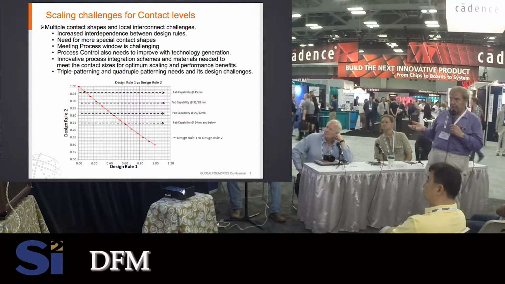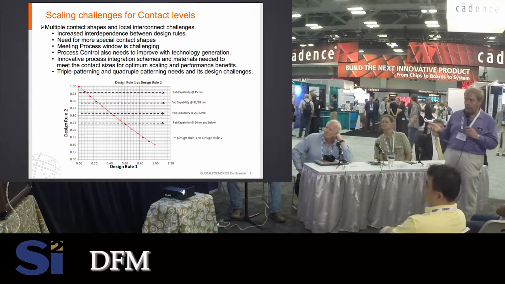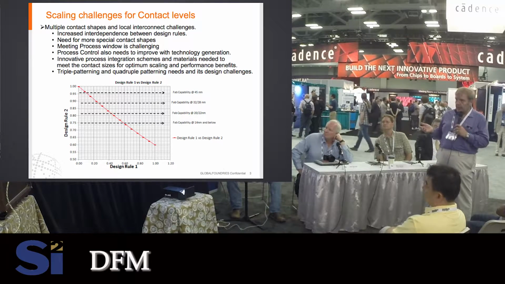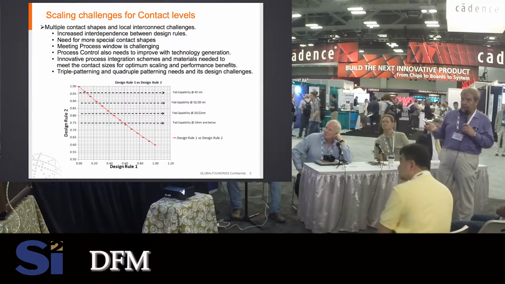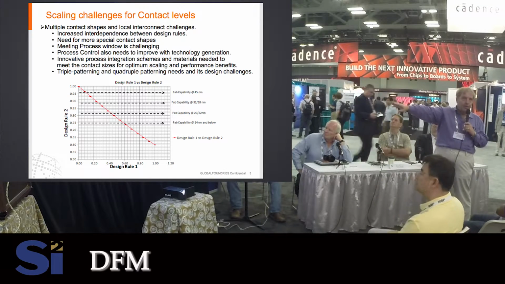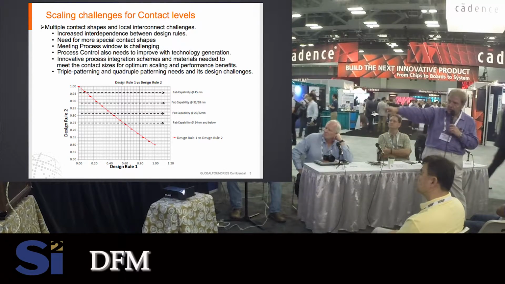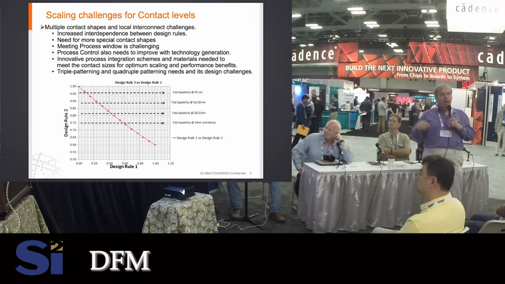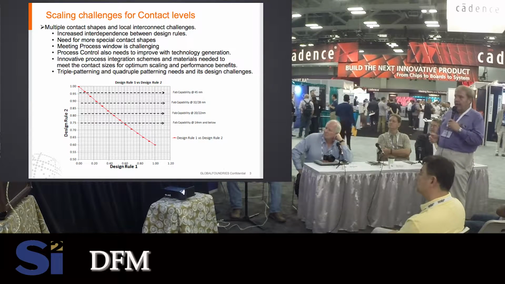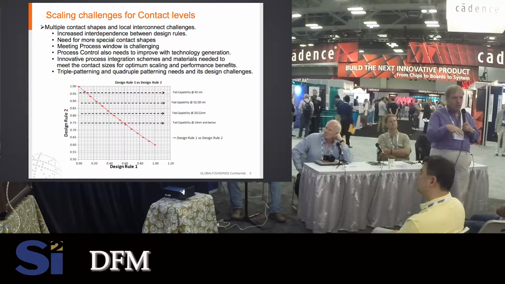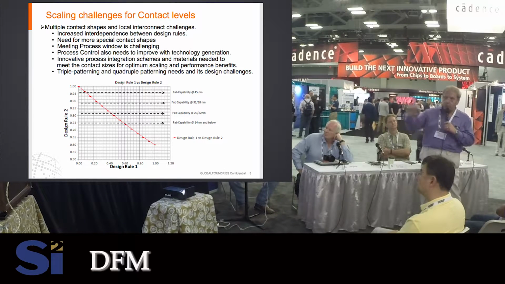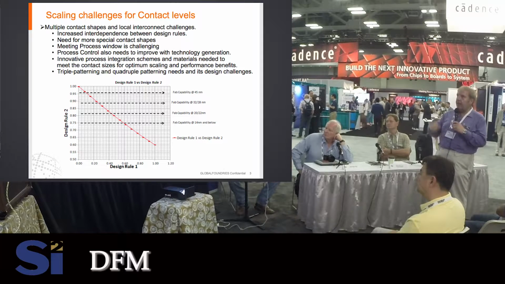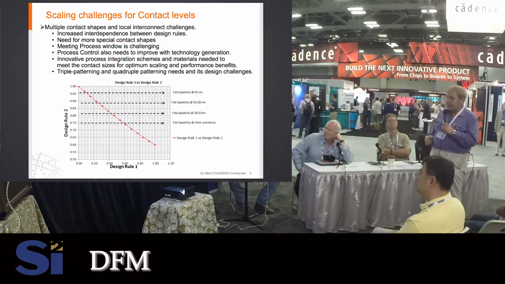So there are issues that you need to deal with on that point too. And the thing is, there are reasons why you want to be down on the lower right corner of this curve. Unfortunately, I can't go into what those reasons are here, or I'd have to shoot you all. But trust me, those are issues that you're going to have. Let's go on to the last foil.